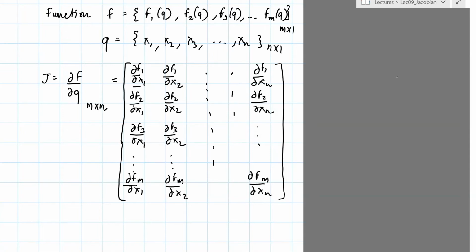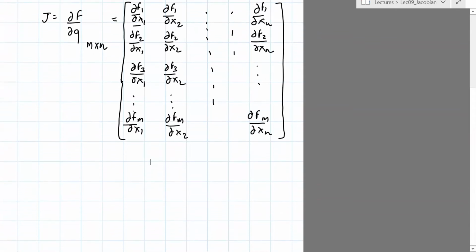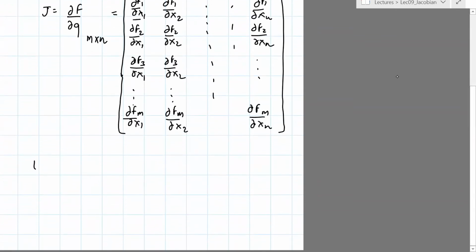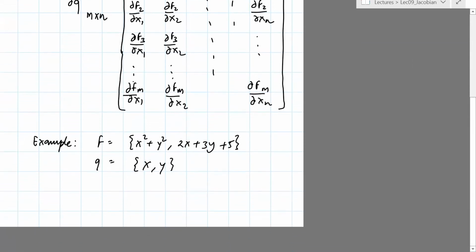Okay, so I think for some people it's best to see an example. So here's an example of how to do this. Let's say that f is x squared plus y squared and 2x plus 3y plus 5. And clearly q here is x comma y.